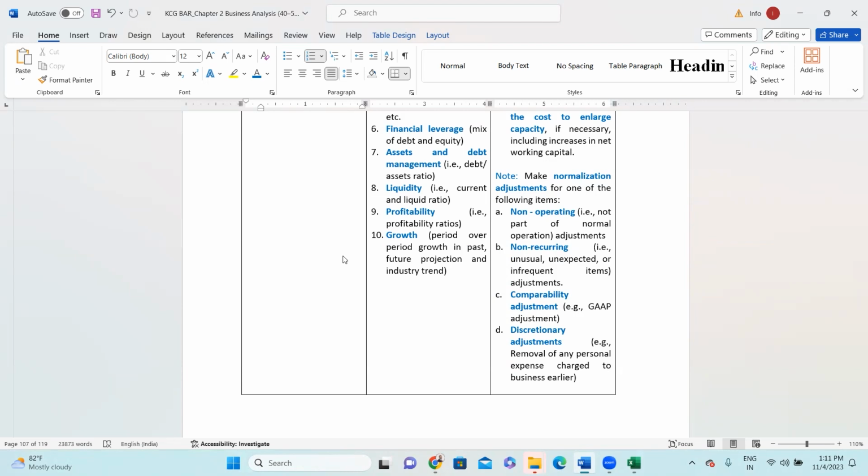For example, sale of an asset, maybe disposal of any asset. So any such income or loss which you have incurred for any one-time activity should not be part of this, right? C is comparability adjustment. So there may be a possibility like GAAP requiring certain comparison.